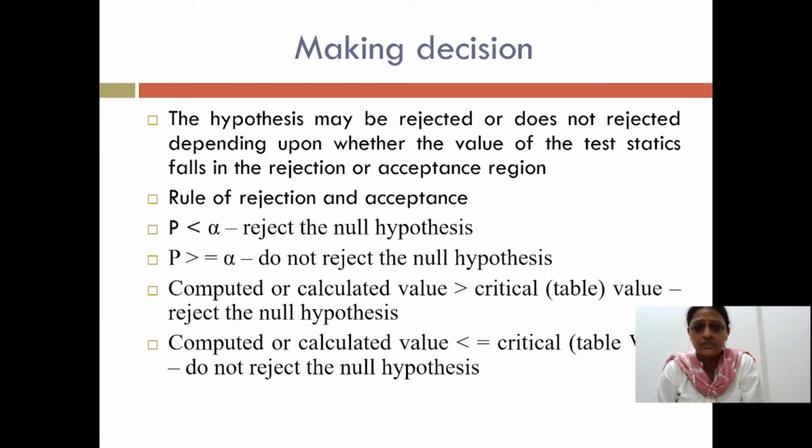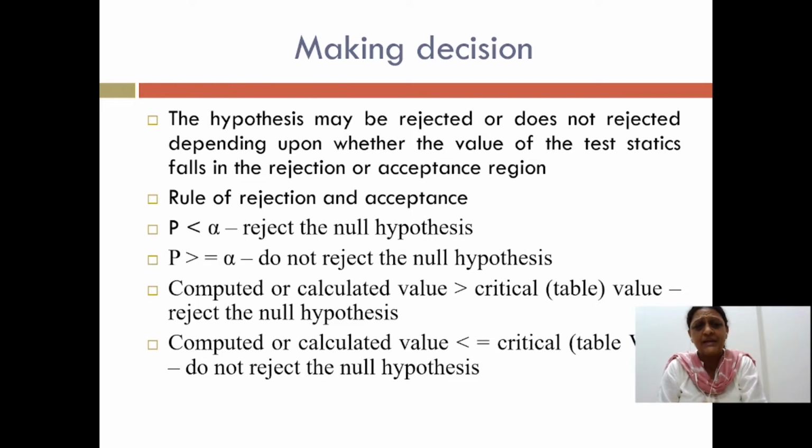So the hypothesis may be rejected or not rejected depending upon whether the value of the test statistic falls in the rejection or acceptance region. So there are two rules of rejection and acceptance. If your significance value, that is the p value, is less than your level of significance, we reject the null hypothesis.